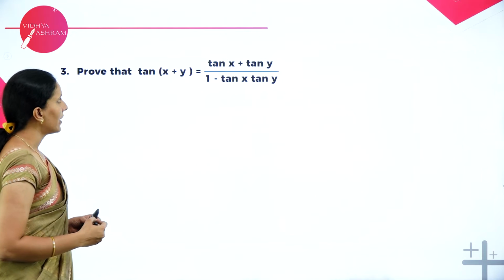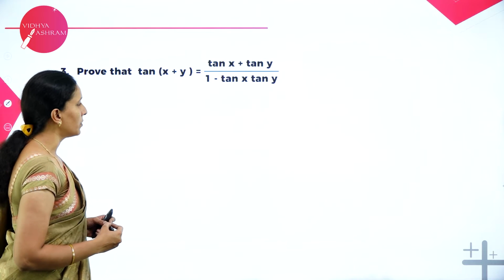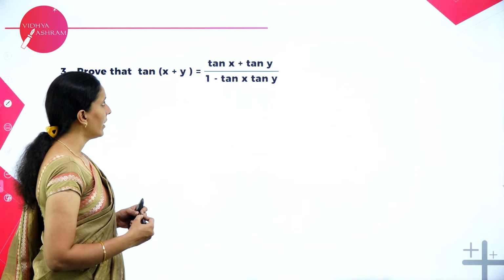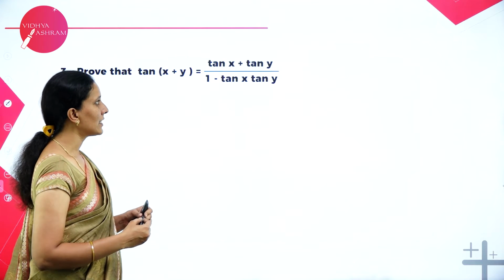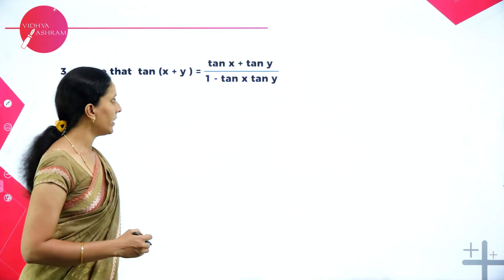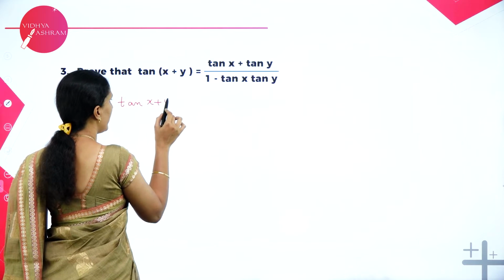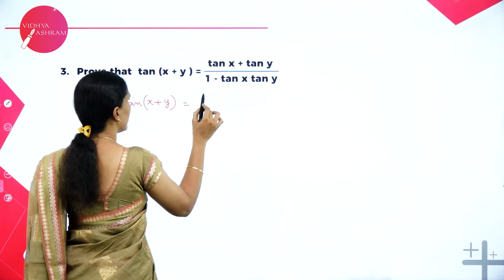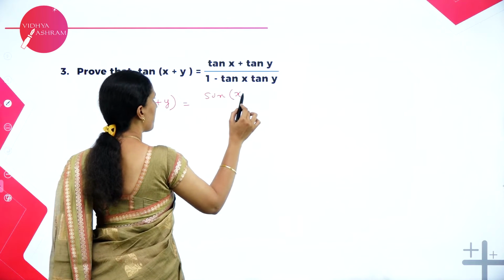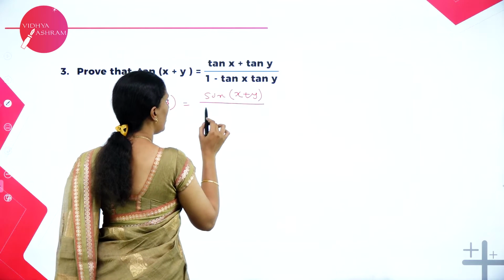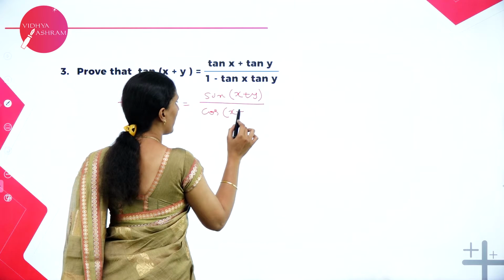Next, prove that tan(x plus y) is equal to (tan x plus tan y) divided by (1 minus tan x tan y). So now here, let me take tan(x plus y) as sin(x plus y) divided by cos(x plus y).